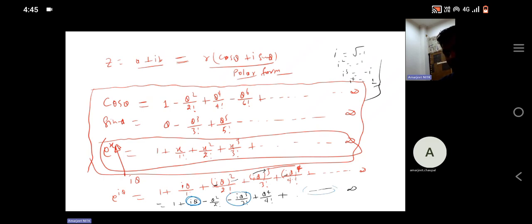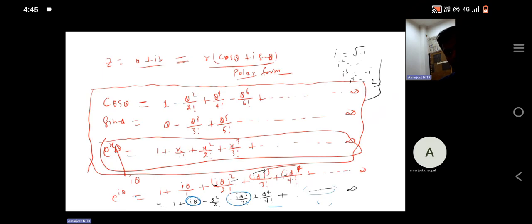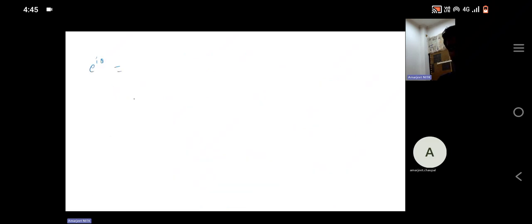So you collect all the terms containing iota at one place and the terms independent of iota at another place. So what you get? e to the power i theta equals, you can see here, 1 minus theta square by 2 factorial plus theta 4 by 4 factorial, like this.